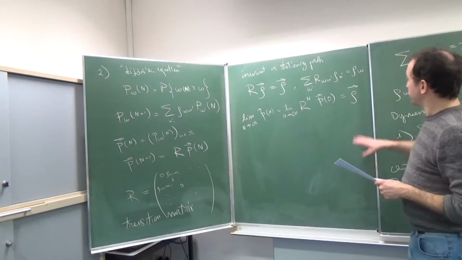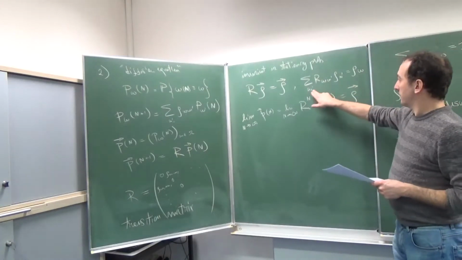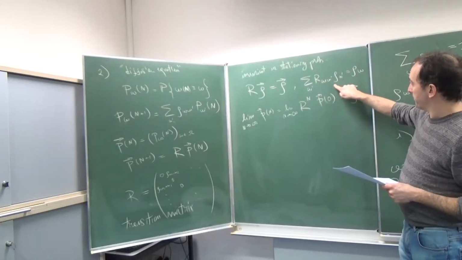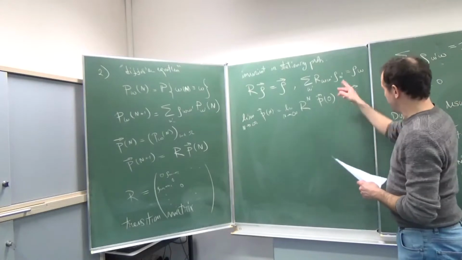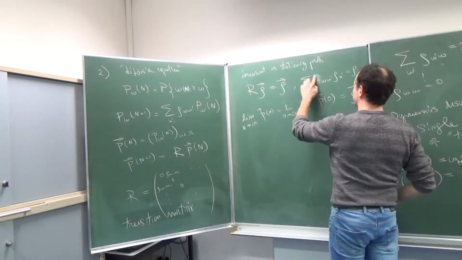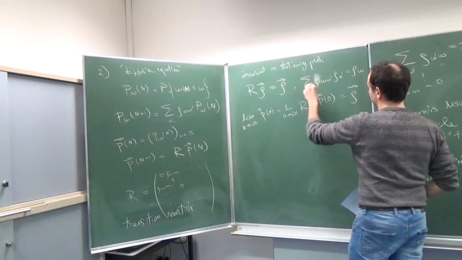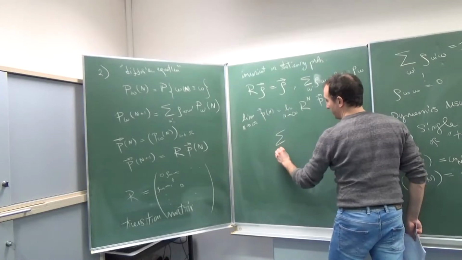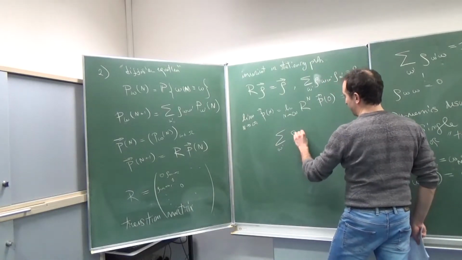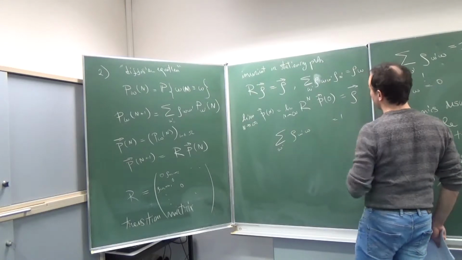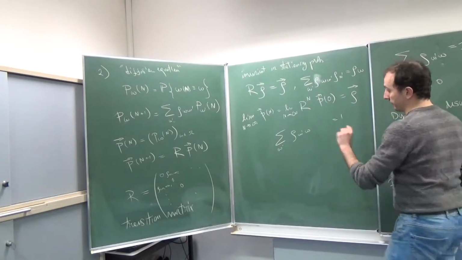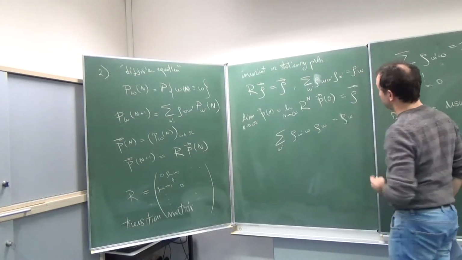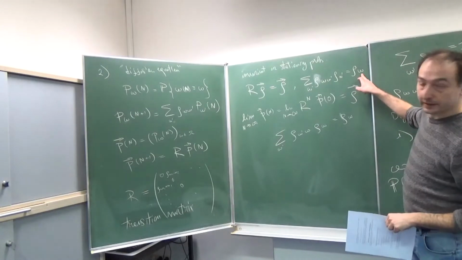Now, physicists would say, look at this law. Oh, sorry, this is rho. Let me write it another way also, because we also know that the sum over omega prime of rho omega prime, this is equal to 1. So if I multiply by rho omega, I obtain rho omega, which is this thing here.